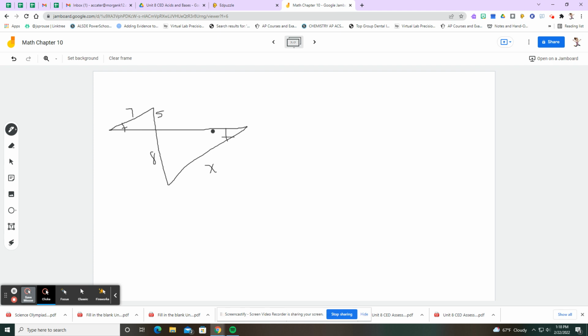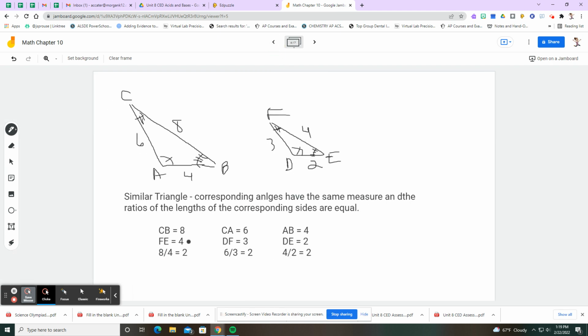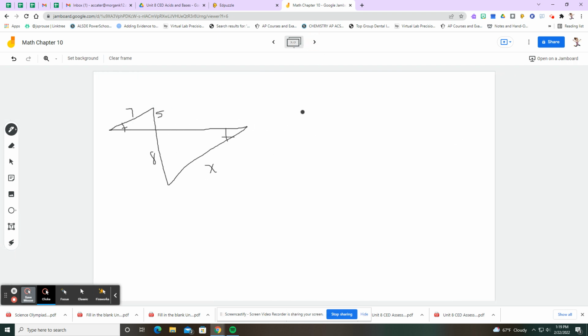Okay, so if I make a ratio of 5 over 8 and 7 over X, and I set those two ratios equal to each other because that's what similar triangles do. The ratios of two sides are equal to each other. So I'm going to say 5 over 8 is the same thing as 7 over X. And then I'm going to find x.